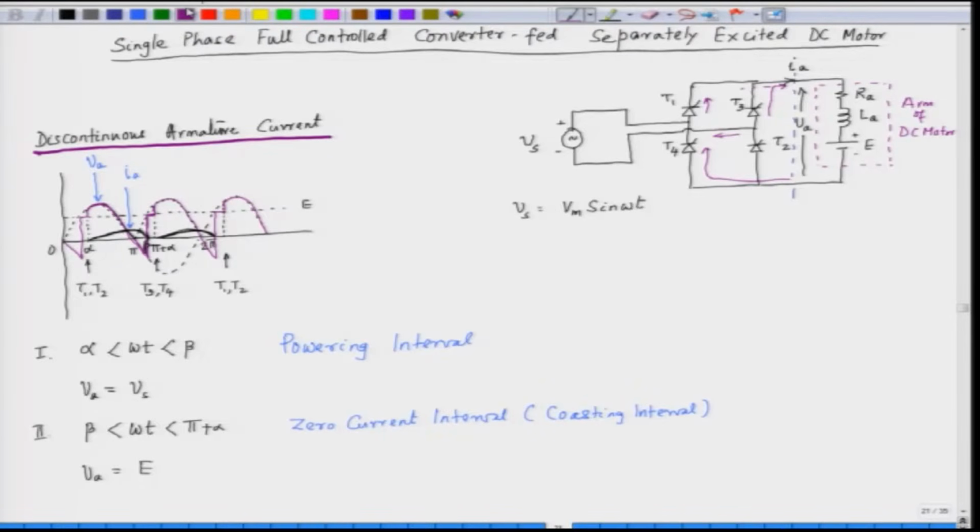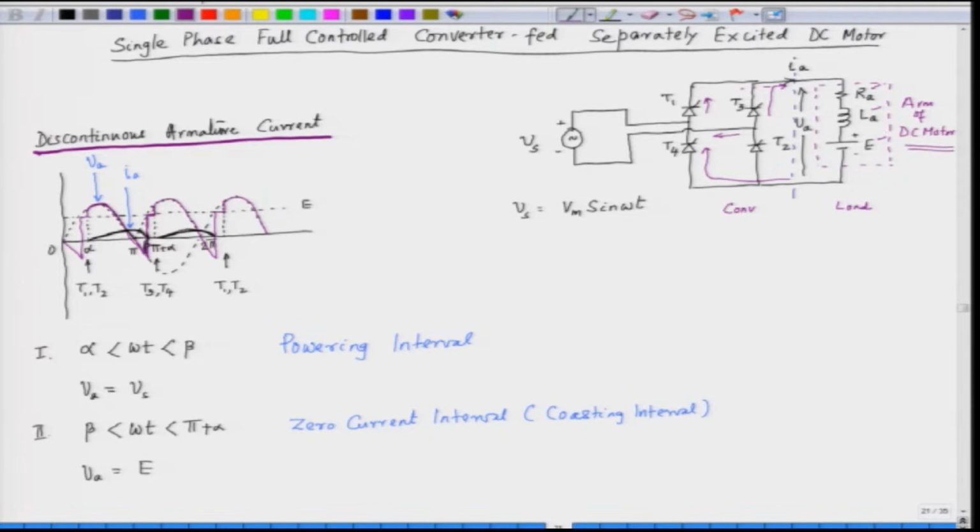Here the converter is a single phase converter and this is the load, and the load is a DC motor. The DC motor is represented by the armature resistance, the armature inductance and the back EMF.